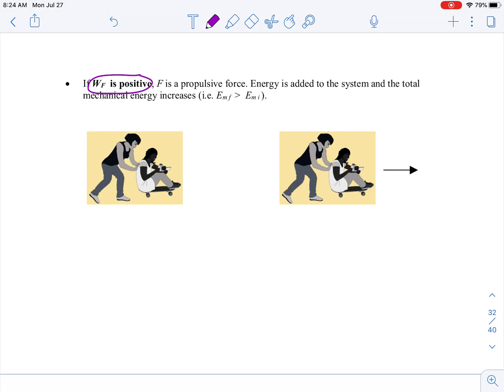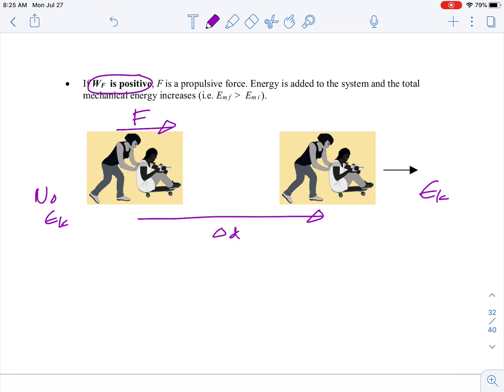So you apply a force, say a person applies a force over a distance, like this. Now that's doing positive work from a non-conservative force. And you can see at the beginning of this motion, there was no kinetic energy because the person has not been moving yet. But at the end, there definitely is kinetic energy.